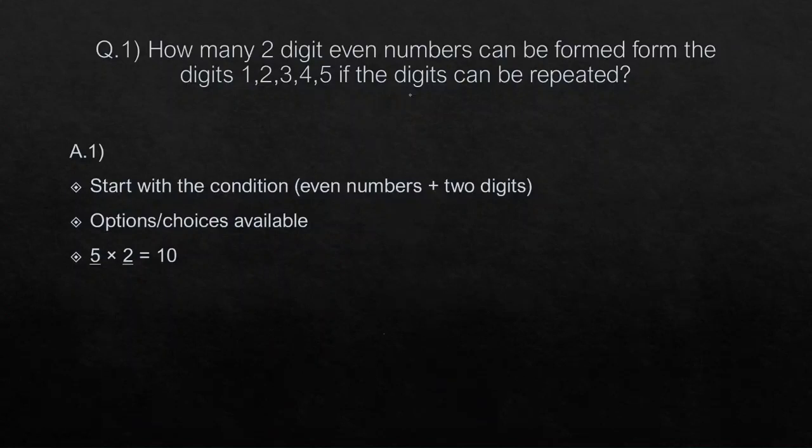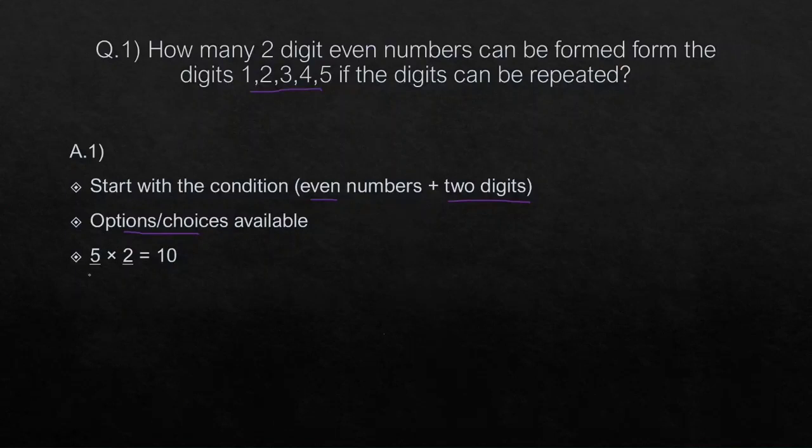So these will be our 2 conditions, that the number should be even and of 2 digits. But the options that we have of digits is 1, 2, 3, 4 and 5. We cannot use digits other than these. So options and choices available also become a crucial factor.